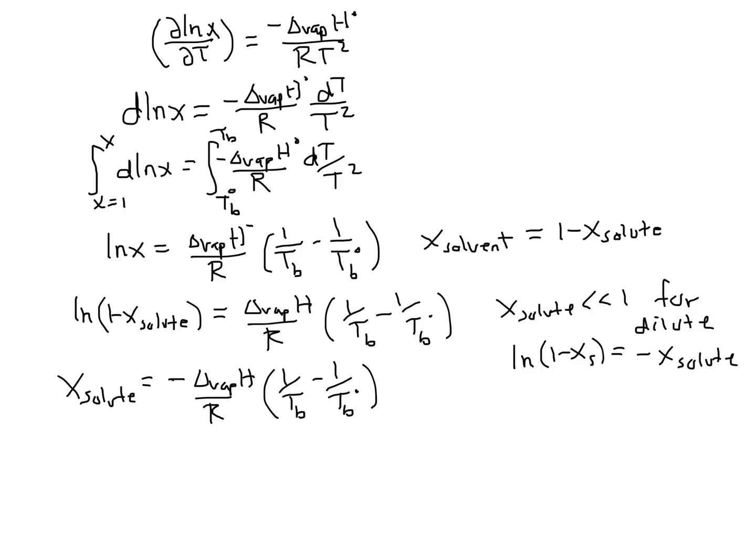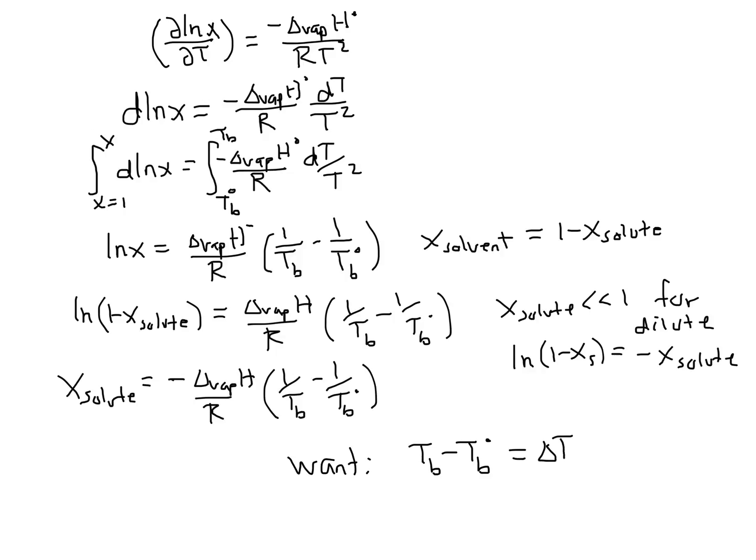What we want is an expression for how the boiling point changes when I add a solute. So what I really want to know is how much larger is the boiling point of my mixture compared to my pure solvent.